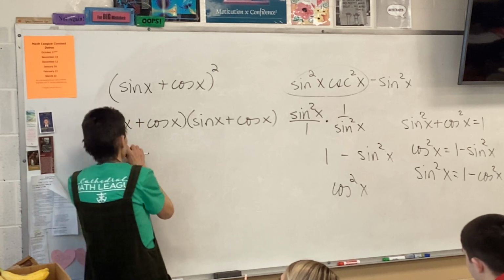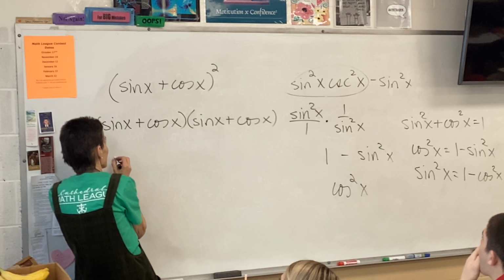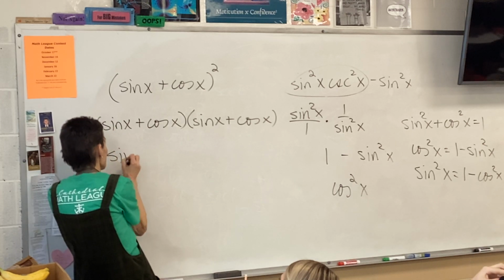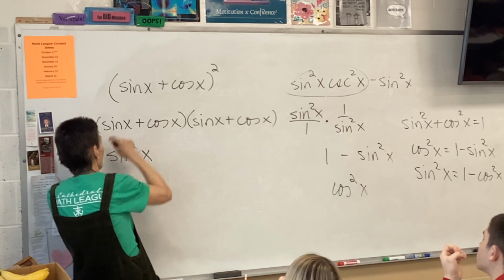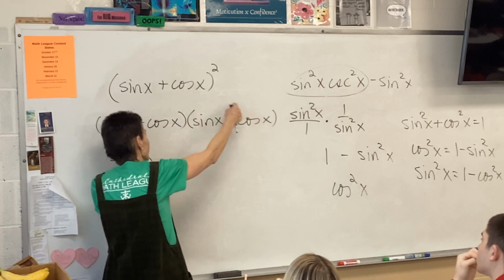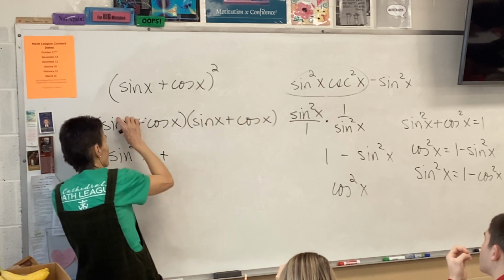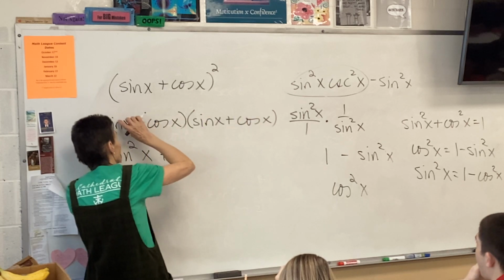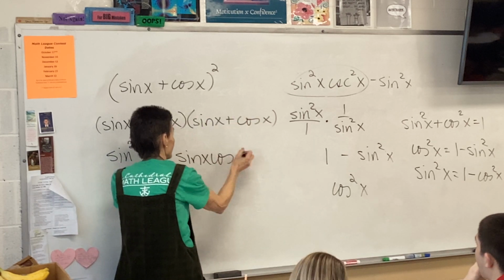Now we're going to FOIL. So what's first times first? Sine squared. We're multiplying, sine squared. What's outsides? Sine times cosine.